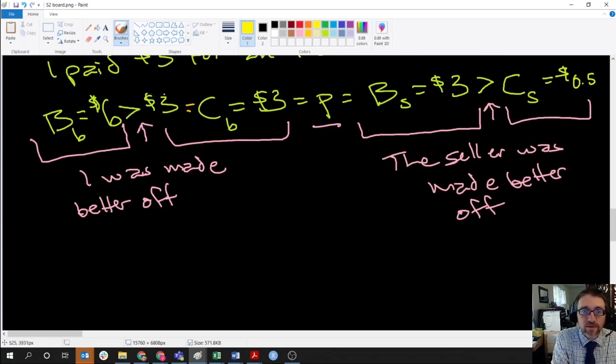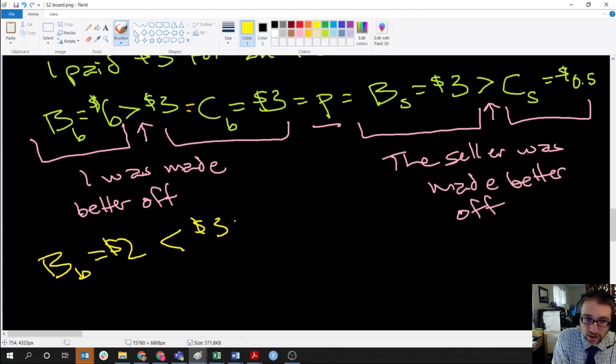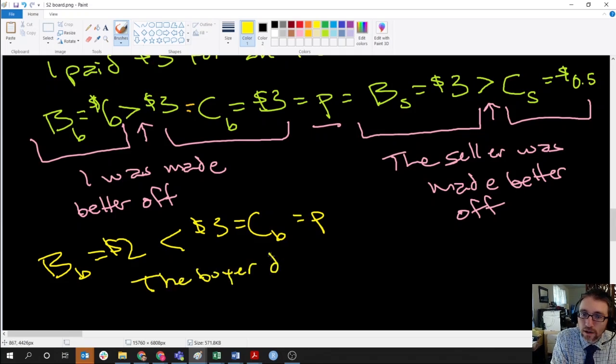Now, let's say to me the benefit was only $2. If the benefit to the buyer is $2, and that's less than the cost of $3, which is the price, then the buyer won't buy it, if they're following the cost benefit principle.